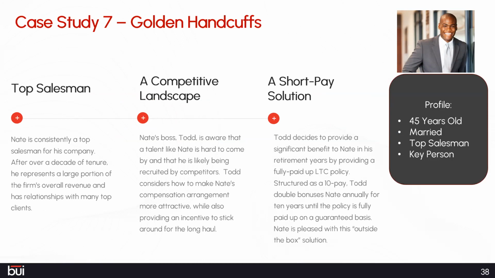And the incentive that they come up with is a short pay long-term care insurance plan that incentivizes Nate to stick around, and at the end of a period of time can walk away with a fully funded long-term care insurance policy, really with no strings attached. So let's look at the mechanics of this.